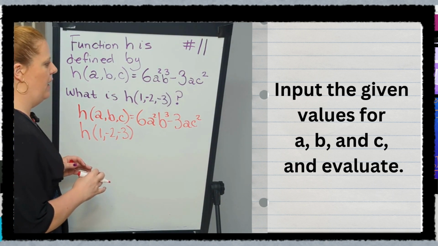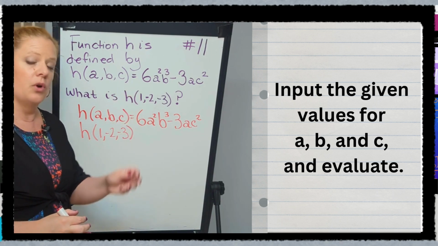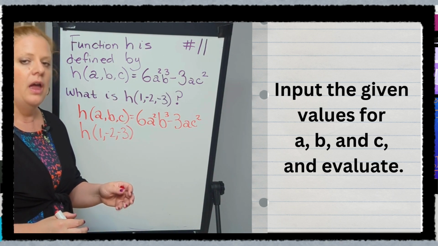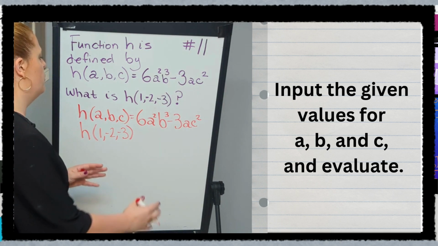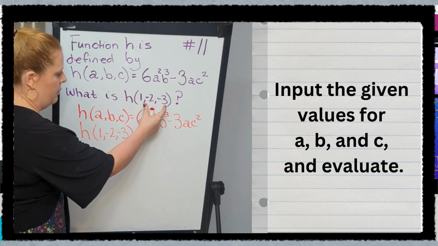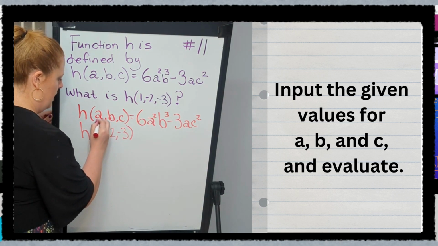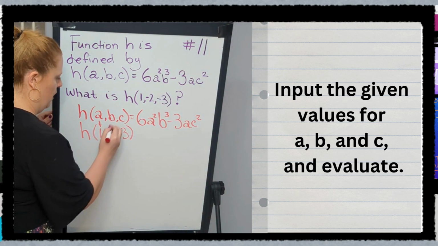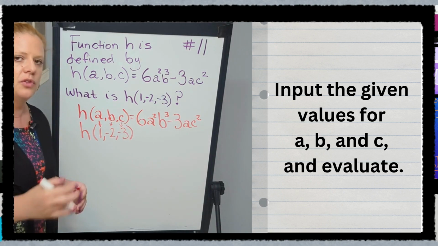So when you have multiple inputs, they will give them to you in the same order as how they're labeled. The same order in both. So a, b, c. That means a is equal to 1, b is -2, and c is -3.